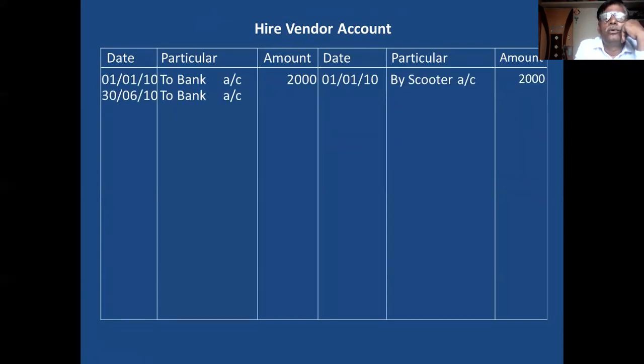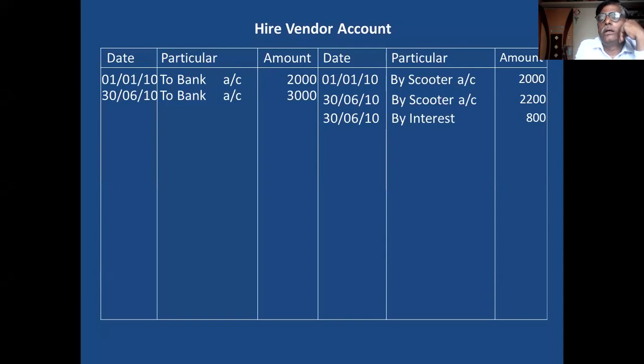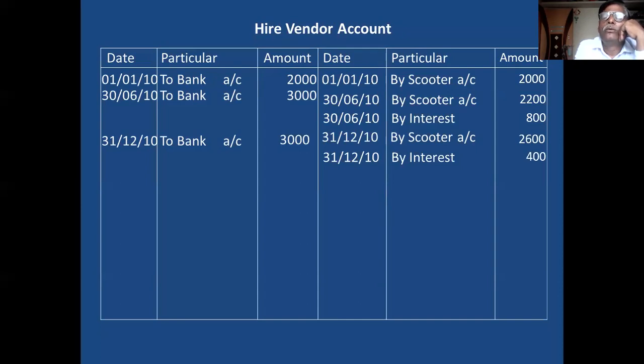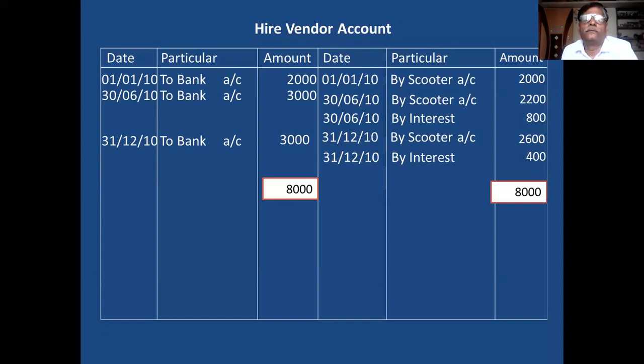Same date, to bank 3,000, by scooter 2,200, by interest 800. This is the first installment. Then second installment, bank 3,000, by scooter 2,600, by interest 400. First year completed, you take the total 8,000.